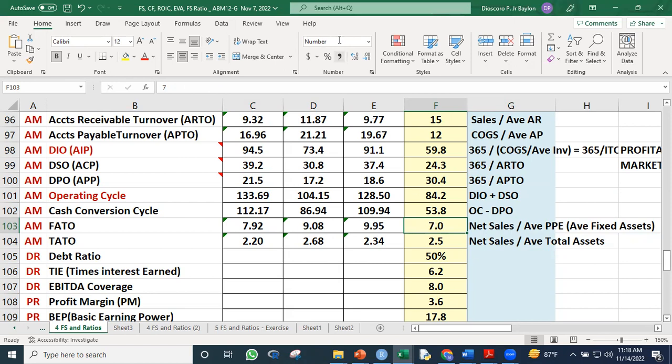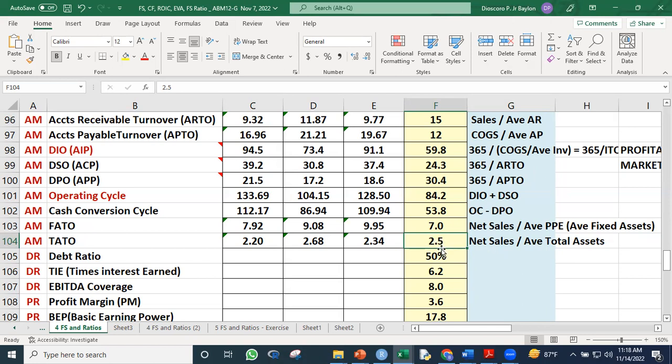Well, if that's the case, if this is 7, then the company performed better in 2021 relative to their direct competitor. However, in terms of total assets, the direct competitor was able to generate more sales for every peso of total assets.